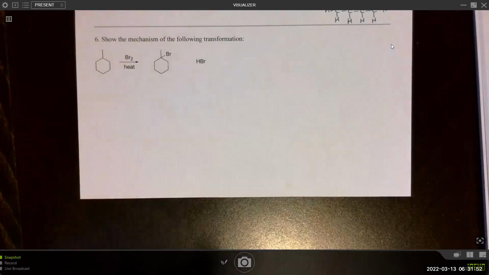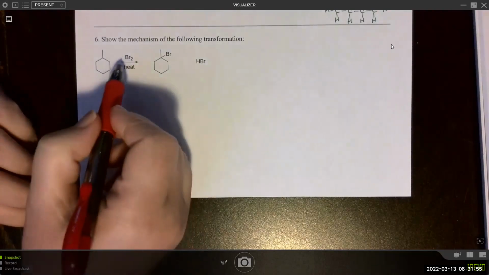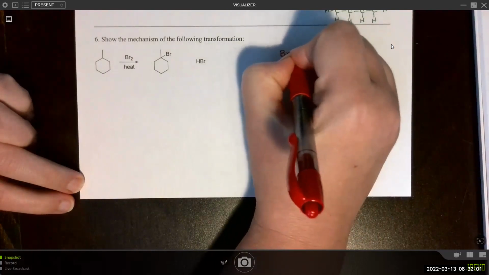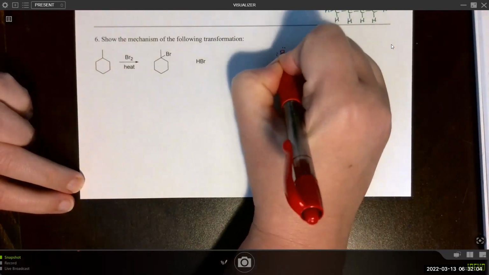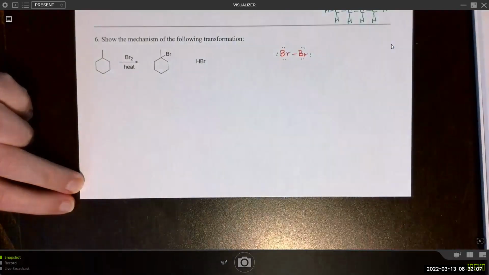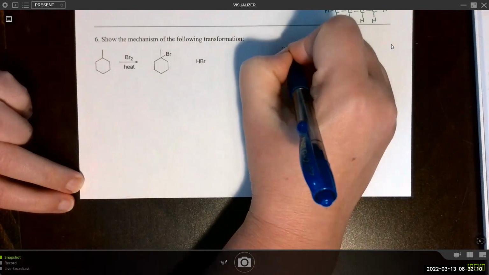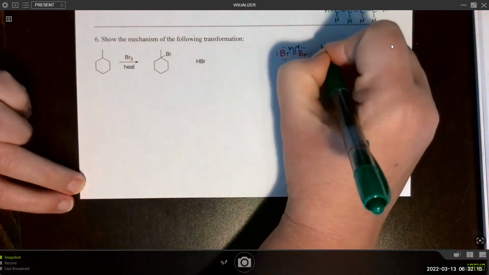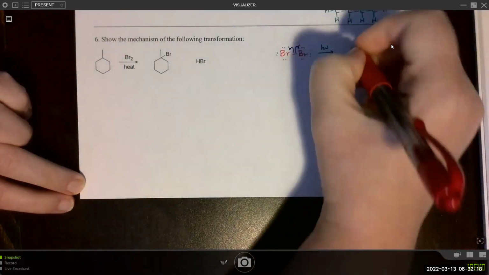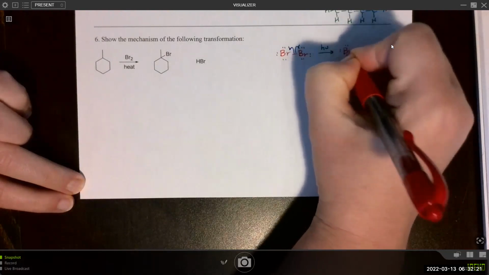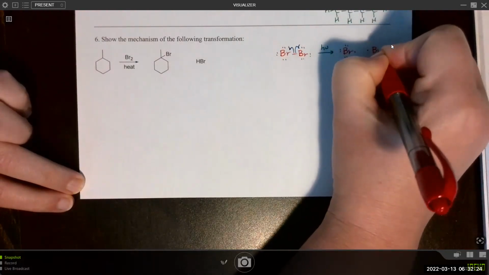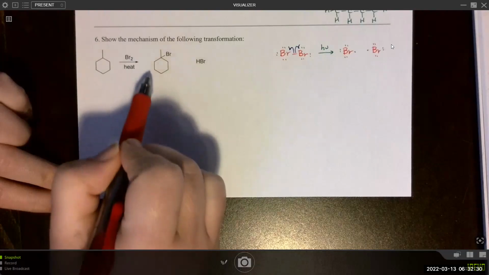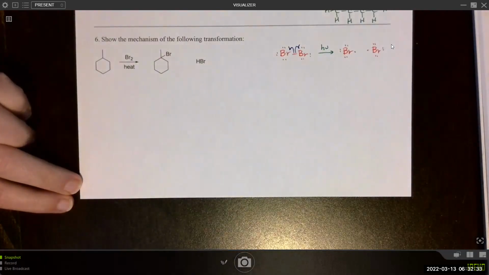Show the mechanism for the following transformation. So first we need to show the initiation step. And then to show how the organic reactant is converted to the organic product, we need the two propagation steps.